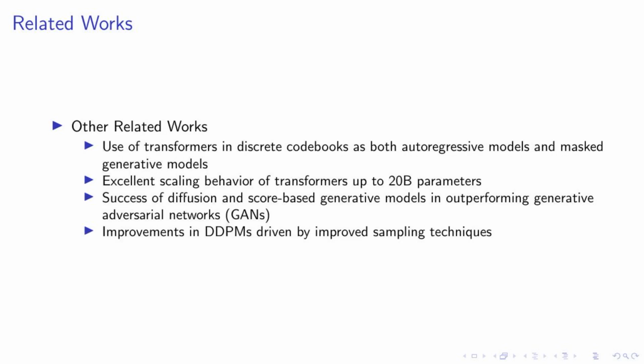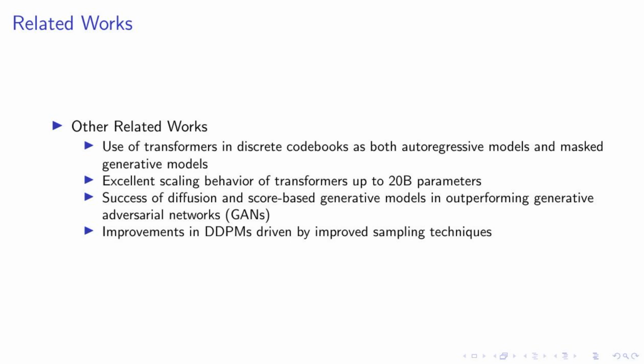In our exploration of related works, we've seen the transformative impact of transformers across various domains. They've been used in discrete codebooks as both autoregressive models and masked generative models, demonstrating excellent scaling behavior up to 20 billion parameters. On the other hand, diffusion and score-based generative models have made significant strides in the field of image generation, often surpassing generative adversarial networks or GANs.